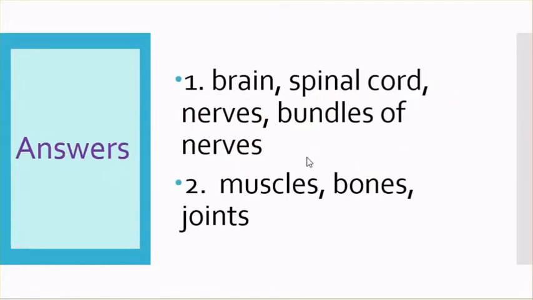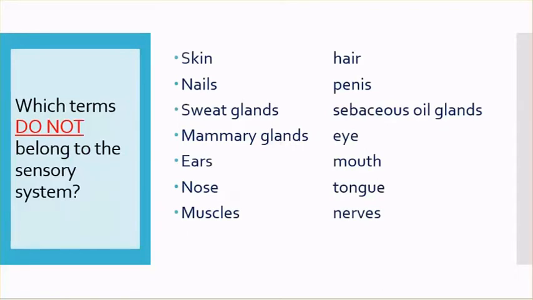Number 1, brain, spinal cord, nerves, bundles of nerves. Number 2, muscles, bones, joints. Which terms do not belong to the sensory system?